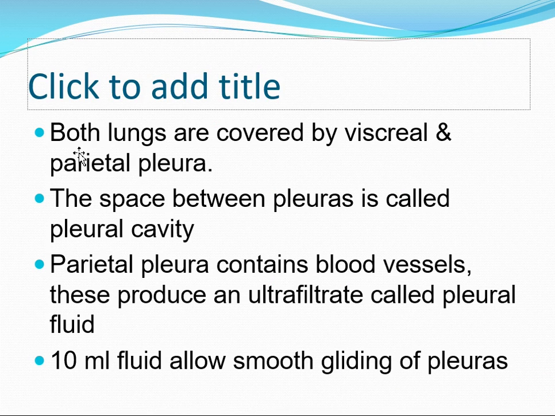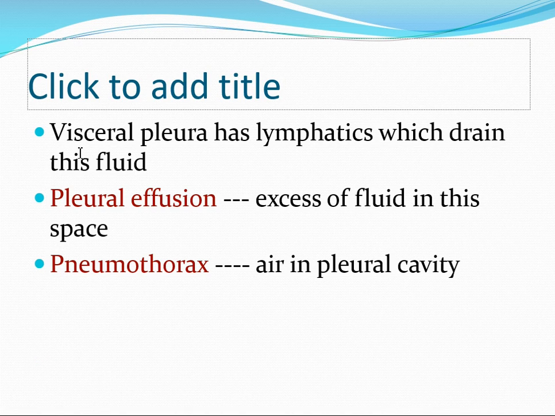Now this parietal pleura contains blood vessels, and these blood vessels produce an ultrafiltrate which is called the pleural fluid. The pleural cavity has a very small amount of pleural fluid, approximately 10 ml, and it allows the smooth gliding of the pleura so that during respiration friction doesn't occur.